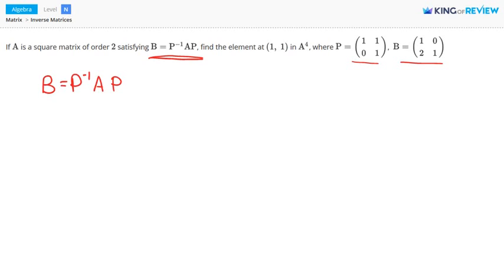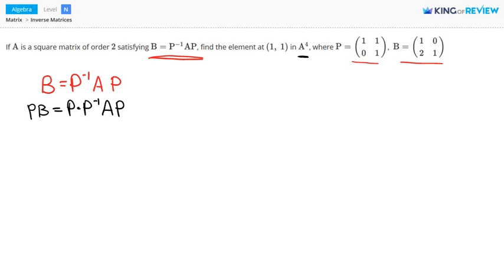Again, remember, I want to get matrix A to the 4th power, so I want to get A by itself on one side. The first thing I'm going to do is multiply by P on the left side of each side of the equation. So I have PB equals P times P inverse AP.